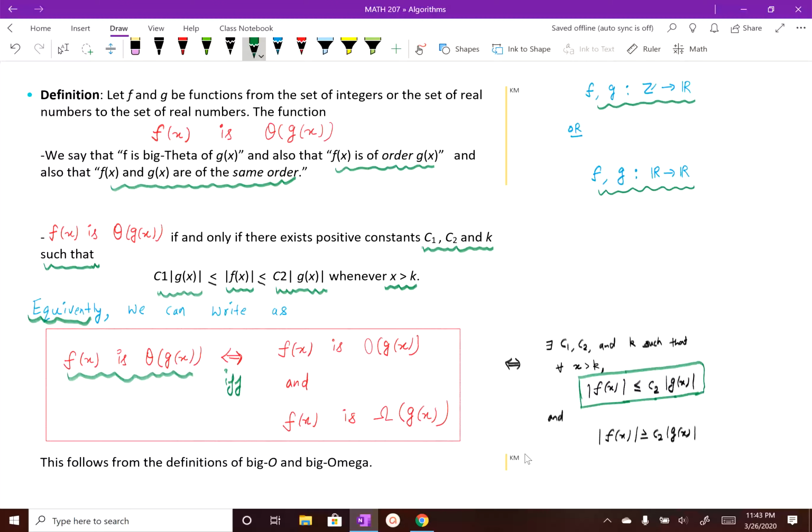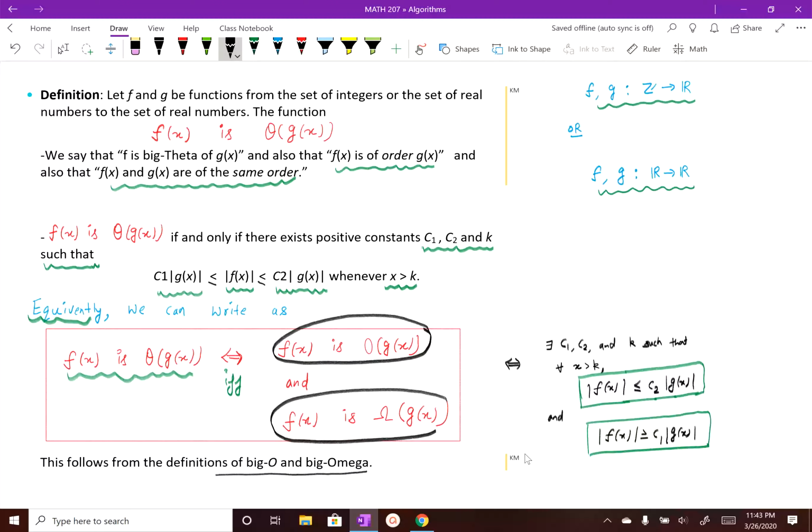And if f of x is big omega of g of x, then we can satisfy this inequality provided we have a constant c1, such that the absolute value of f of x is greater than or equal to c1 times the absolute value of g of x. And from the definition of big O and big omega, if f of x is big O of g of x and f of x is big omega of g of x, then f of x is big theta of g of x.